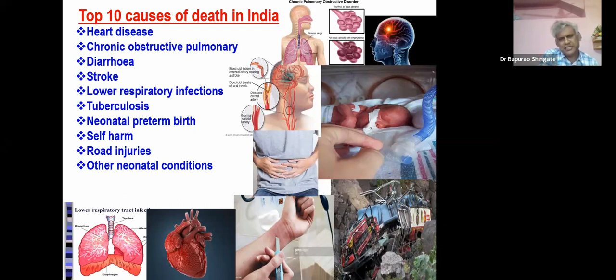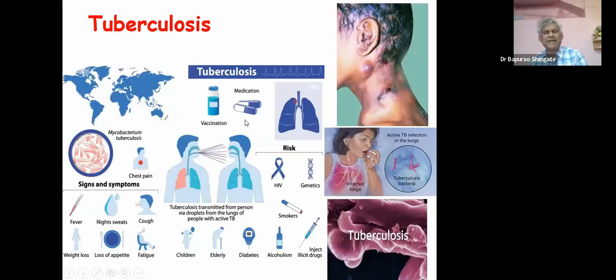I will talk about one of the important causes of death in India, that is tuberculosis. From long back, we have witnessed that in every village of Maharashtra as well as India, we have seen at least 1 or 2 patients, in rural places and also in metropolitan cities.